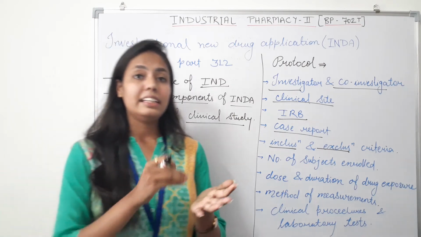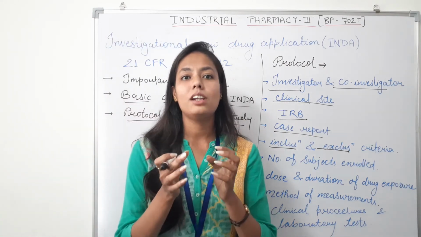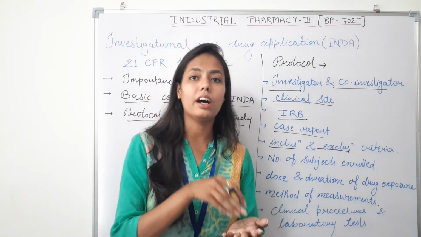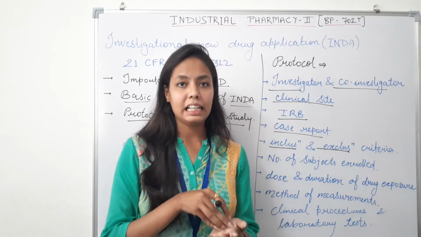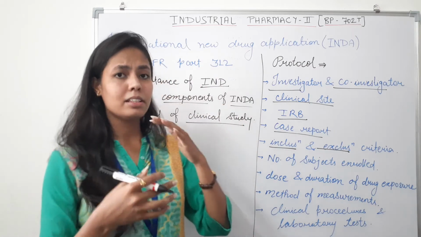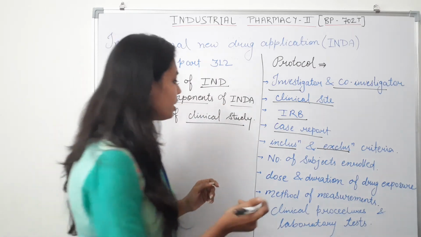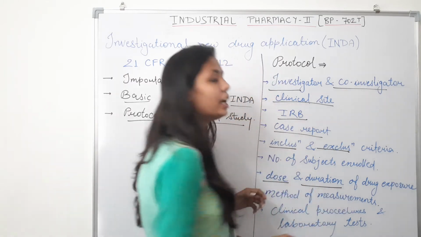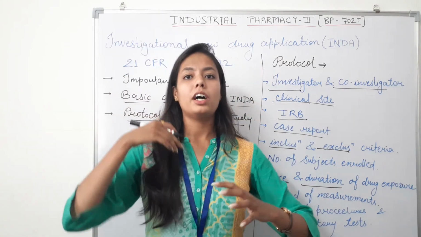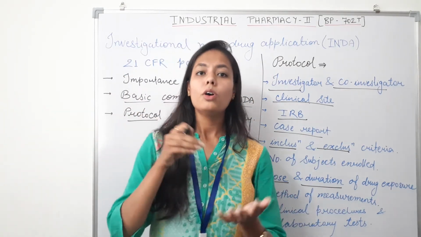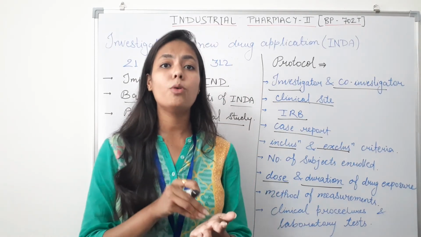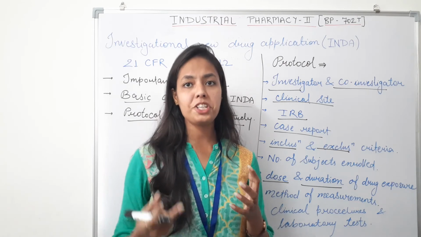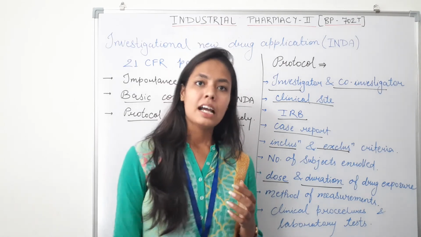This number is not the actual number. This is the estimated number of subjects who are enrolled for the clinical trials. Slightly they may vary. After that, the dose and duration of drug exposure to the subject, in which we have to mention the maximum proposed dose and its duration of exposure to the subject.